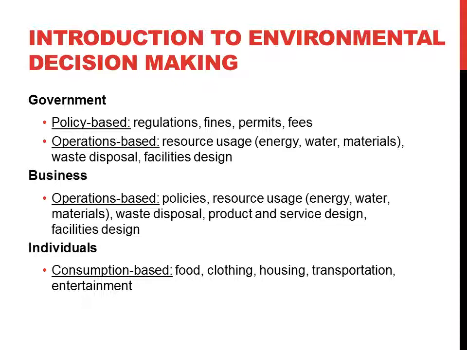It results in the laws that govern the functioning of society at different levels, whether local, state, or federal. However, there's a second area of government which is similar to business, which is operations, and the operations of the government are indeed vast. These decisions center around resource usage, including energy, water, and materials, waste disposal, and facilities design.